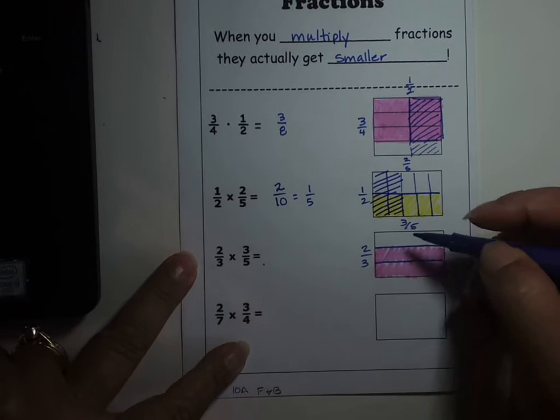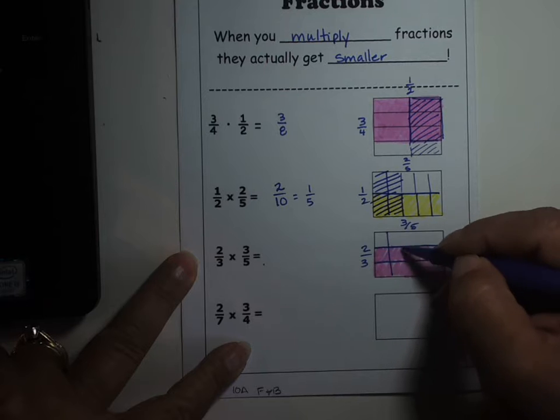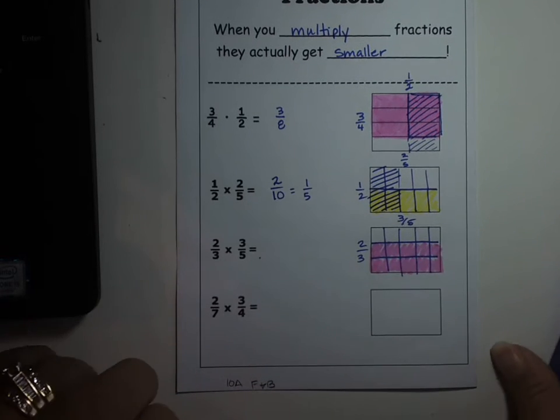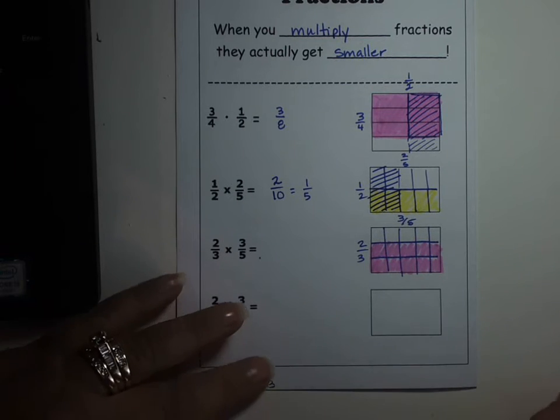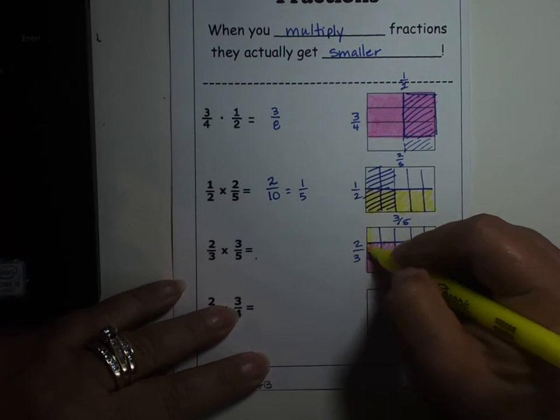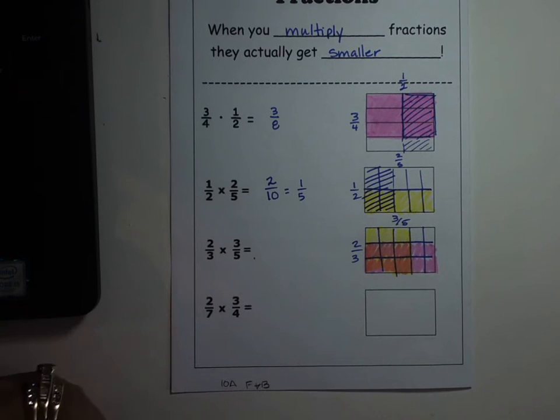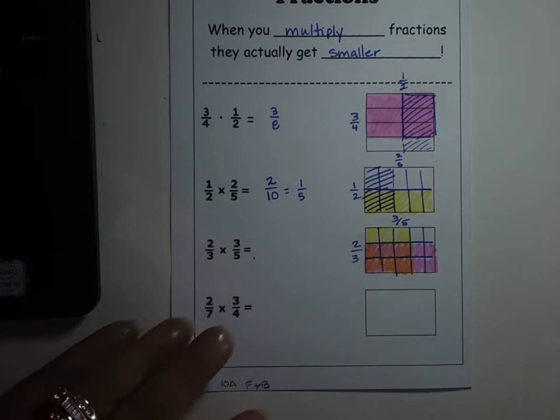So I'm going to make fifths going this way, and color in 3 entire columns. This time I'm going to use a different color. Ooh, pretty. Okay, so where do they overlap?